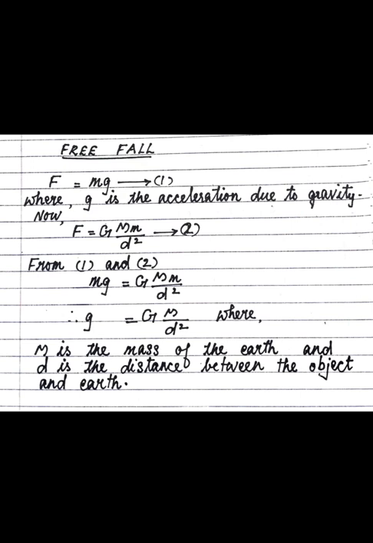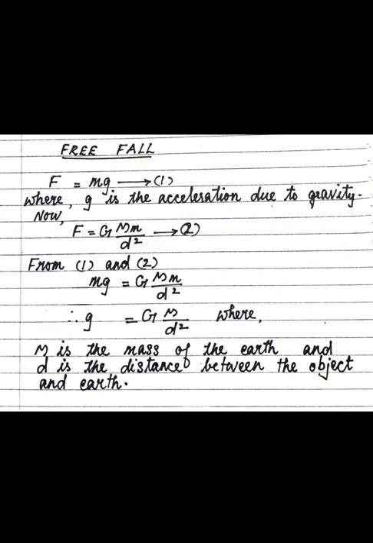When any object falls from a certain height, there is no change in the direction of motion of the object. But due to the attraction of the earth, there will be a change in the magnitude of the velocity. And you know that any change in velocity involves acceleration. Whenever an object falls towards the earth, there is an acceleration.